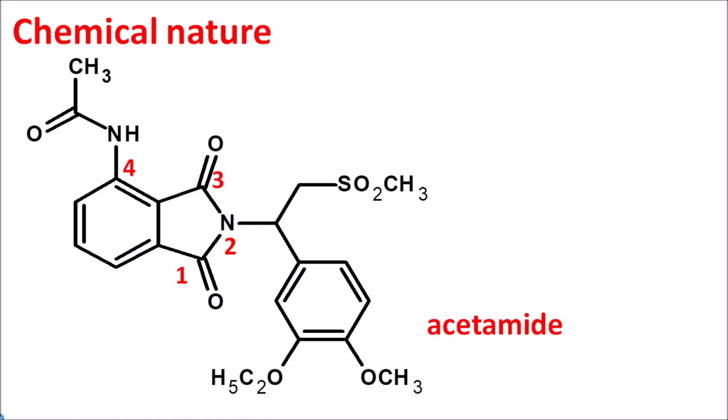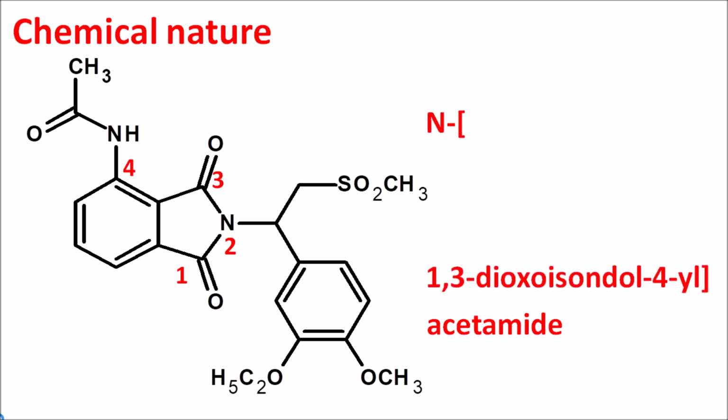Now we can write this as N-(1,3-dioxo-isoindol-4-yl), because oxo groups are present at the 1st and 3rd positions. Now to this isoindole ring system, at the 2nd position, an ethyl chain is present. So we can write this as 2-ethyl. And now to this ethyl chain, at the 1st carbon, a phenyl ring is present.